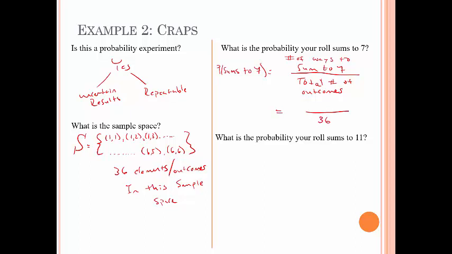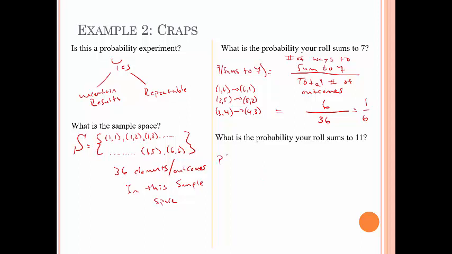Now the number of ways you can sum to 7: you can roll a 1-6, a 2-5, a 3-4. But remember, you can also roll a 6-1, that's a different outcome, or a 5-2, that's a different outcome, or a 4-3, that's a different outcome. So there's 6 ways to do this, and the answer is 1 out of 6.